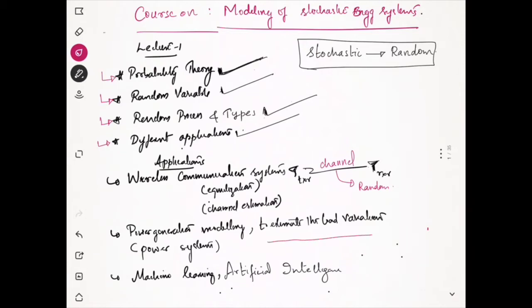So the load will be varying with respect to time, and according to that, we have to arrange or schedule some tasks in the power generation, etc. And in machine learning and artificial intelligence, we also use probability theory. We will come to all these things later. I hope this is clear, right?